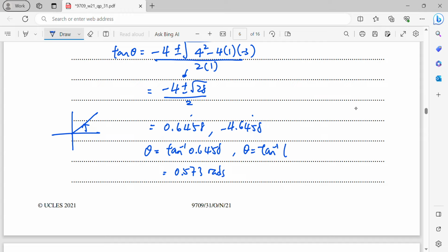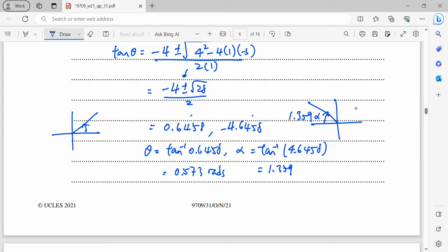Now, when it is the next one, that means your angle is over here. So you need to find this angle first. What is the tangent theta? I will just ignore the minus sign first. Then you will get 1.359. This is the basic angle, let's say alpha.